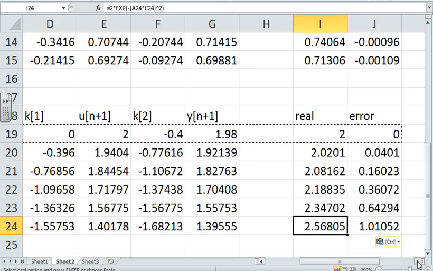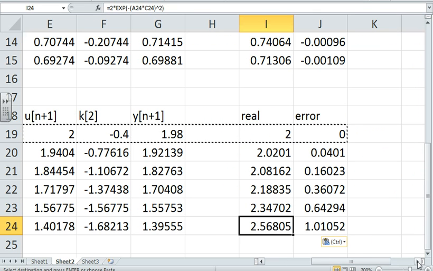Yeah, okay, so let's go ahead and pull the column. 0.5 is a half. So a half squared is a quarter. So e to the minus 0.25 times 2.